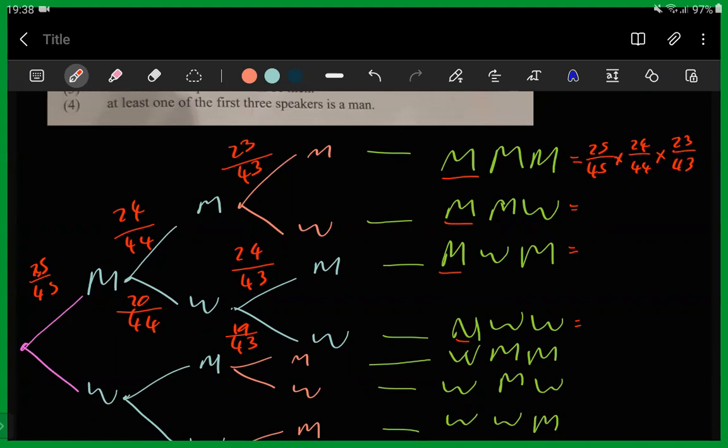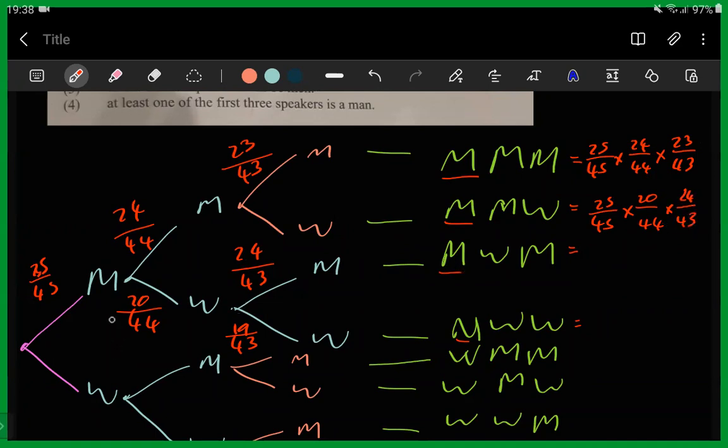The next thing we're going to add is 25 over 45, and then 20 over 44, and then 24 over 43.